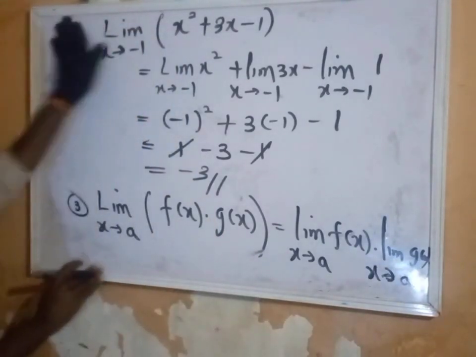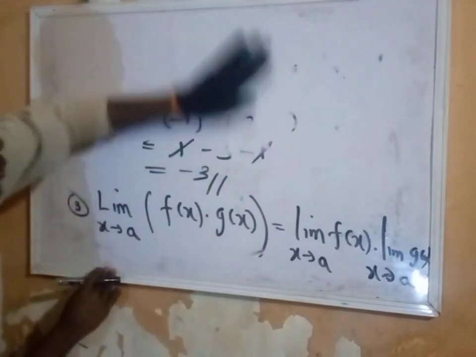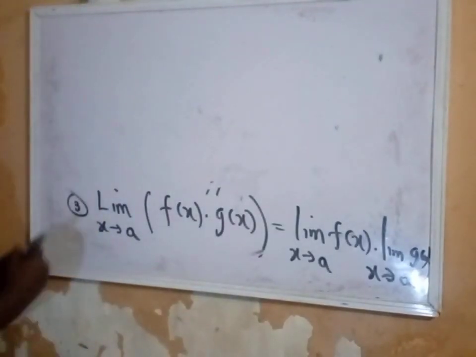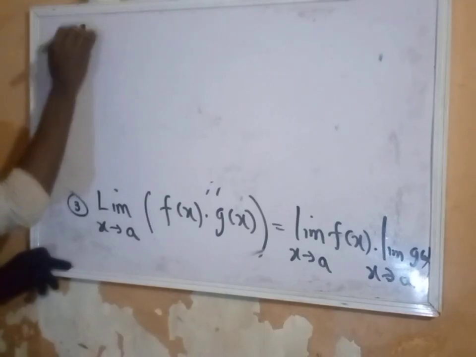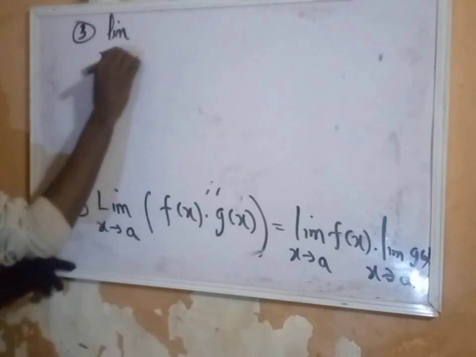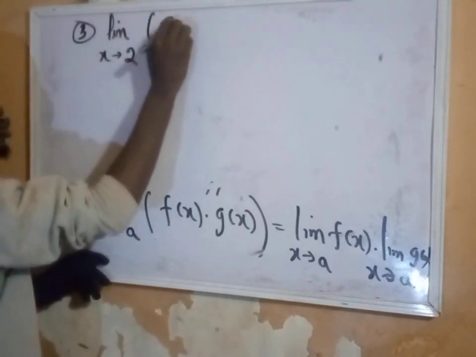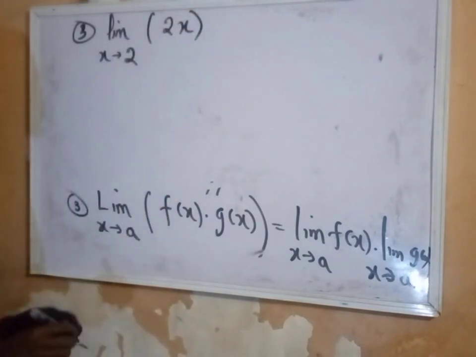So that is what we are going to do. And let's see this one in an example as well. The limit relating to the multiplication. You are given this example. Let me call this one example 3. So you have to calculate this particular limit. The limit as x tends to 2 of 2x.